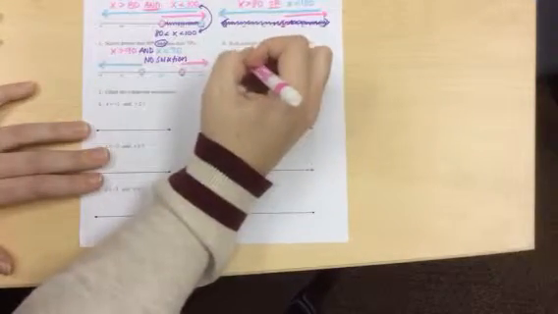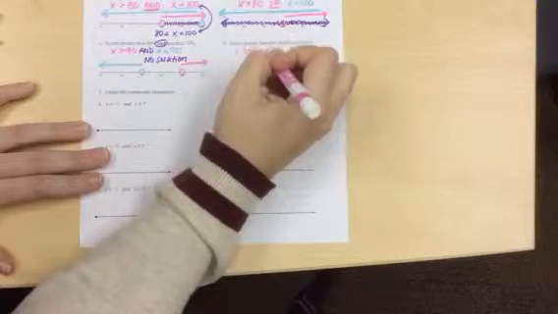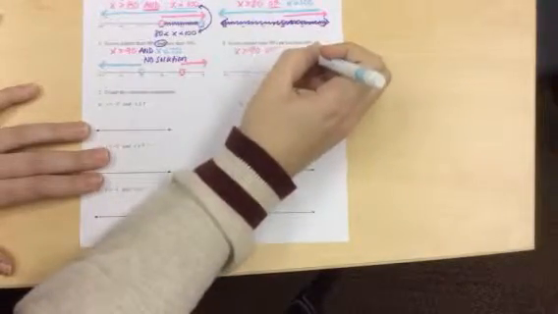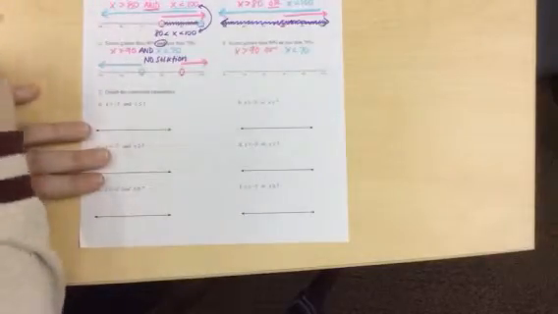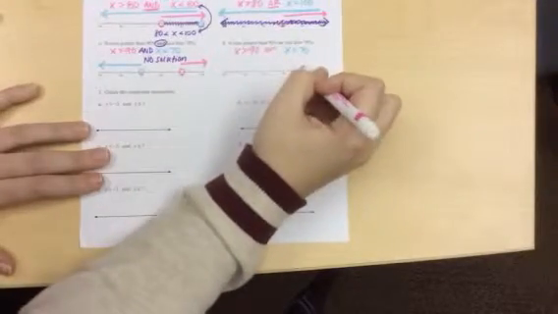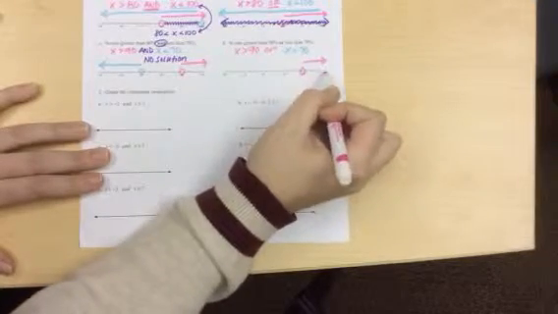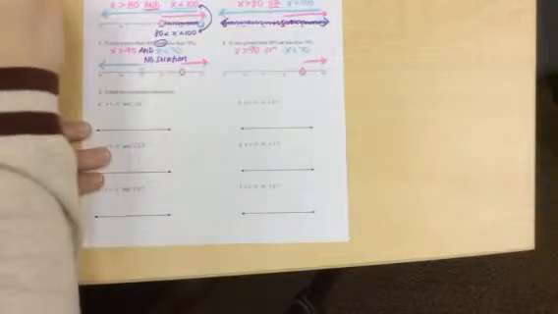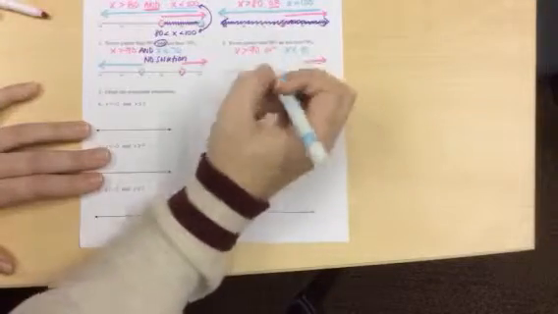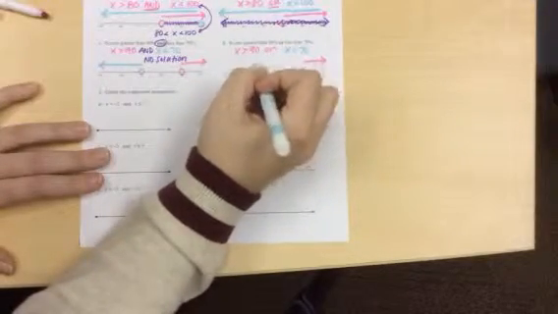Our number line is just showing our final answer. Okay, scores greater than 90 or less than 70. So if I look at greater than 90, I have that open circle, and greater than, all my values greater than 90 are to the right. Less than 70, so 70 and less.